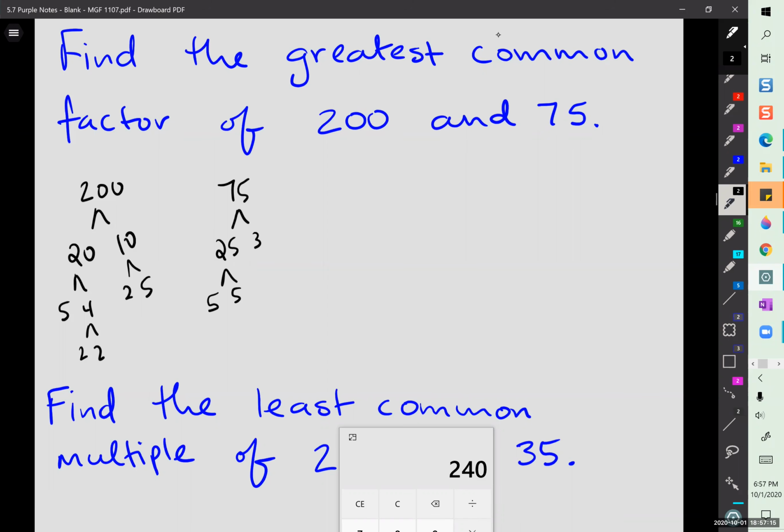When finding greatest common factor or least common multiple, you always want to write the prime factorization of both, preferably next to each other so you can easily reference what they have in common.